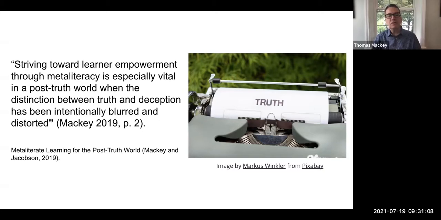But when we really looked at this moment, especially in response to 2016, we saw an opportunity for meta-literacy, that this idea of misinformation and disinformation and how an individual deals with this is why we see this kind of holistic model as incredibly valuable within this context, especially when information is intentionally distorted.